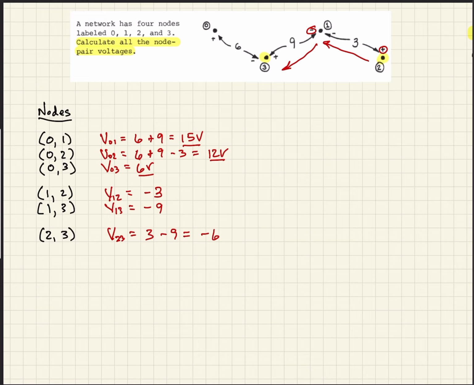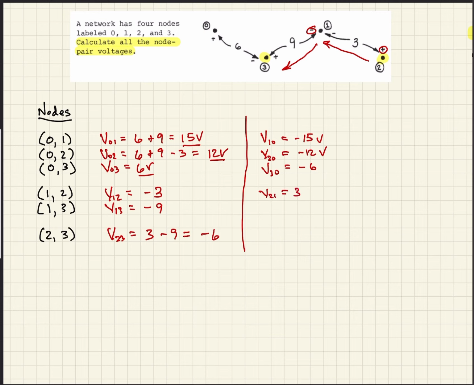So one thing just worth noting here, we can reverse the order on these. So instead of V01, if we did V10, then that would just be -15. It just changes the sign. So V20, that just means we start in the opposite direction and go. That would be -12. V30 would be -6.